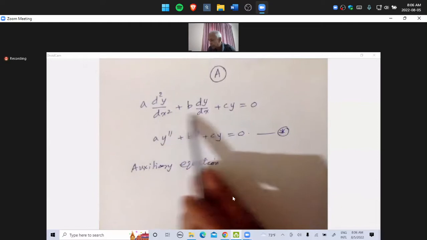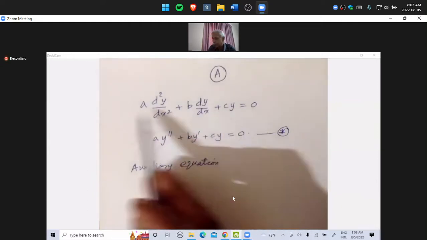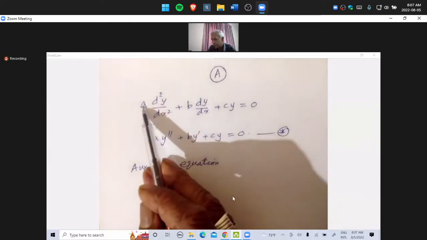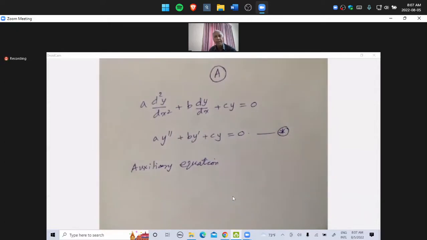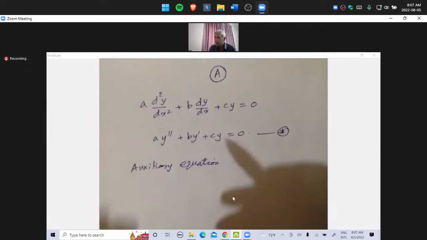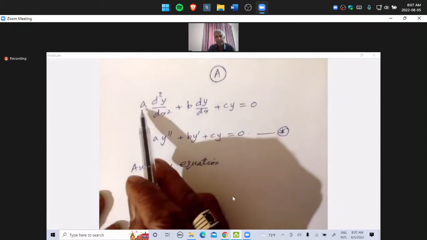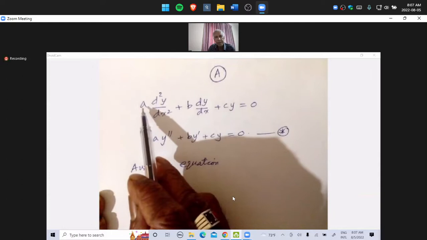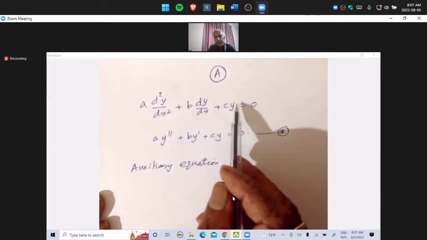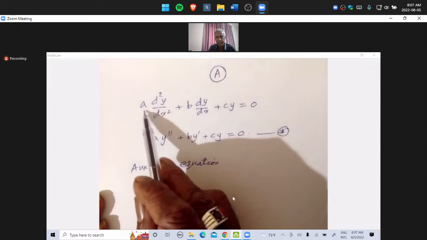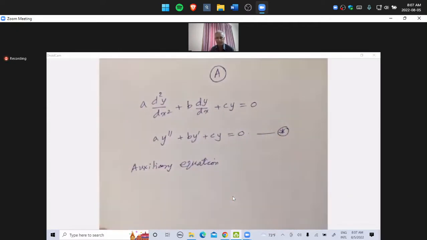Such equations, even with a, b, and c replaced by functions of x, we call linear second order equations. Now, the special case that we consider here is when the coefficients of these derivatives and y are constants. A, b, and c are numbers.